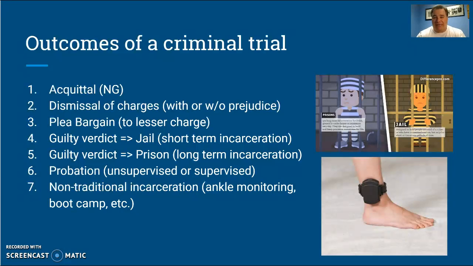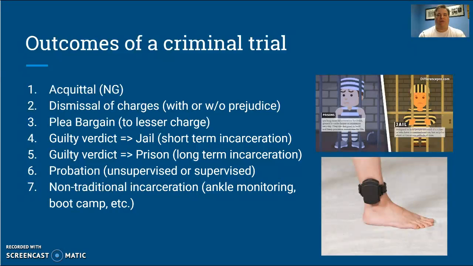You can plea bargain a case. You can plead to a lesser charge. The state would offer a deal to a defendant, saying, look, it's going to be tough for us to prove reckless driving because there were no witnesses, but we do have enough circumstantial evidence to get you on negligence.